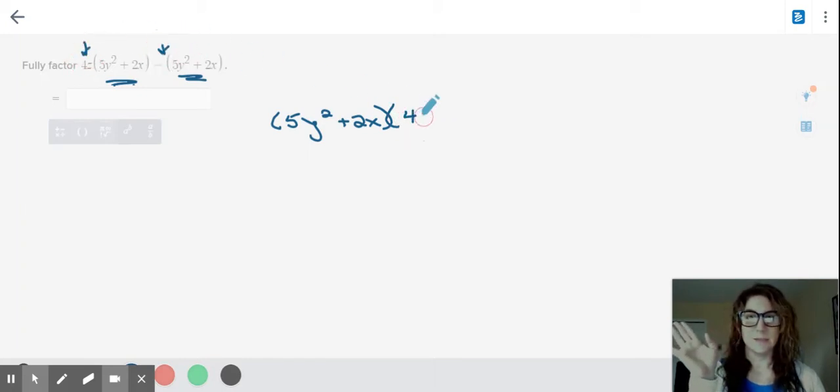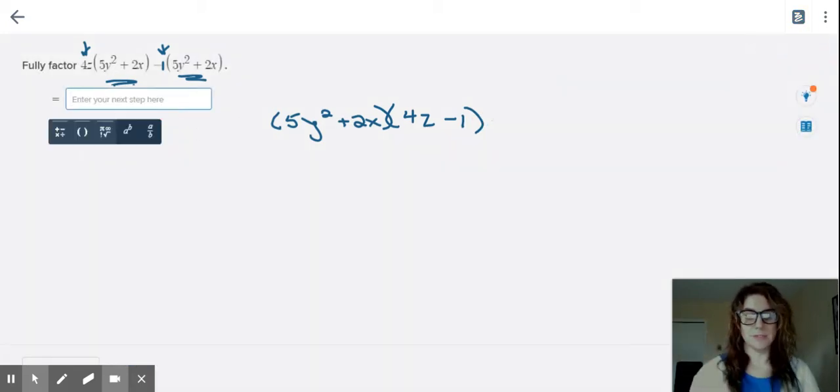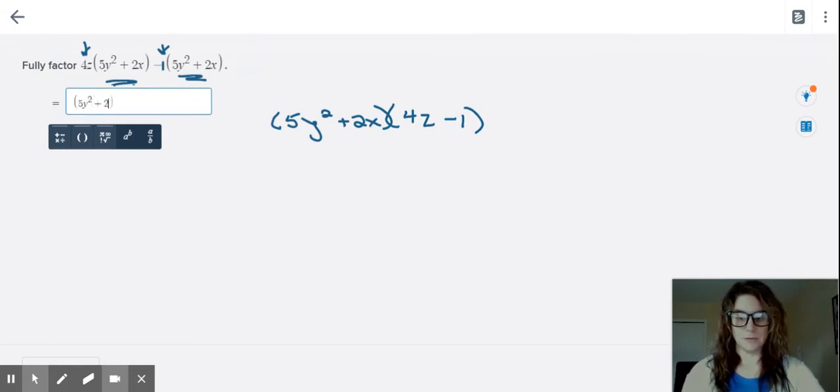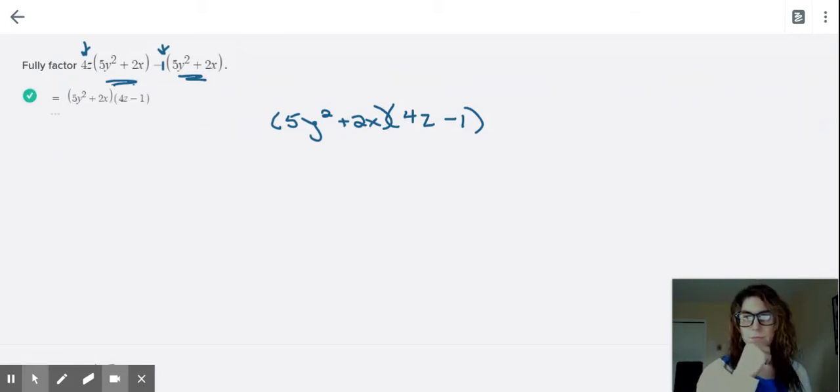So it's easy to see the first one, the 4z, but then it's minus and nothing there. Remember, there's always a 1 in place in front. So you do have that 1 you have to put down as part of the factor. Okay, so 5y squared plus 2x times 4z minus 1.